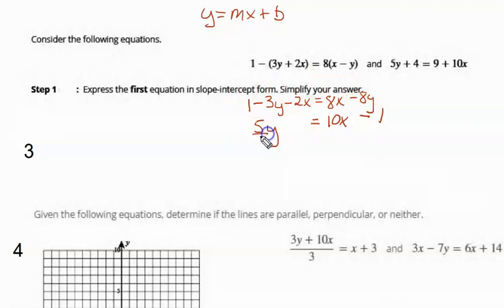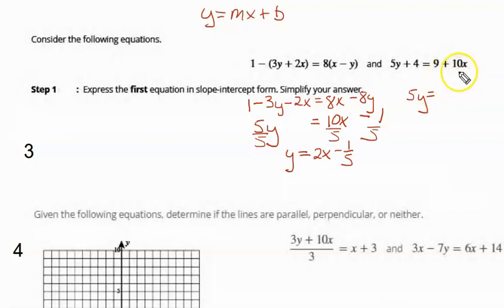All right, now we divide everything by 5. And we get y equals 2x minus 1/5. That would be this equation. Now let's work this one, doing the same thing. So we got 5y.